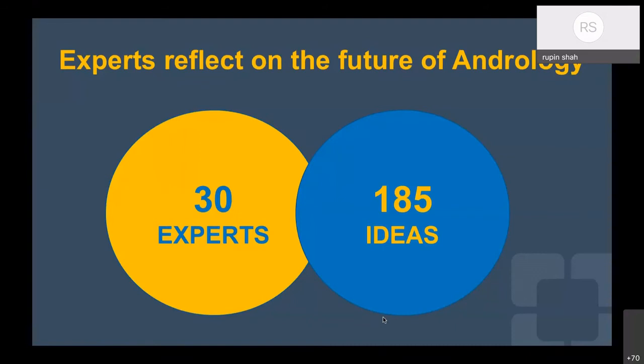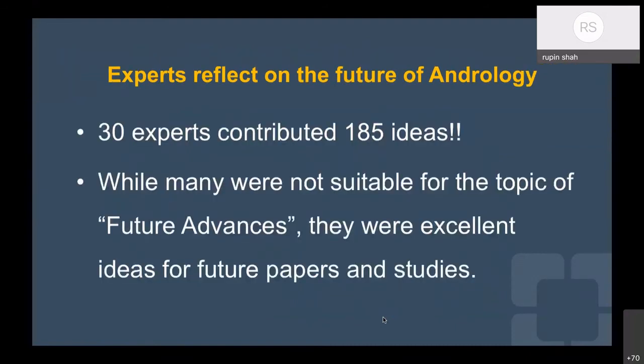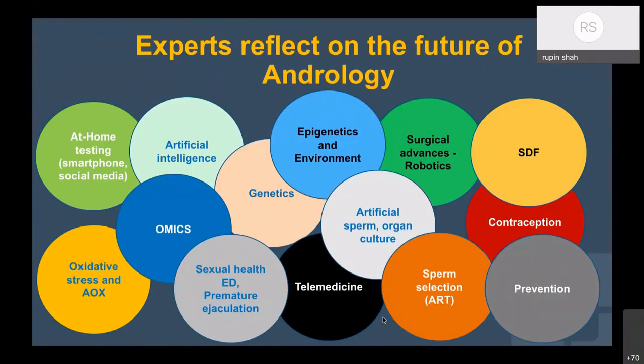When we went through these ideas, we found that while many were not suitable for the specific topic of future advances in andrology, in themselves they were excellent ideas for future papers and studies. And they cover a very wide range of topics that were truly amazing.